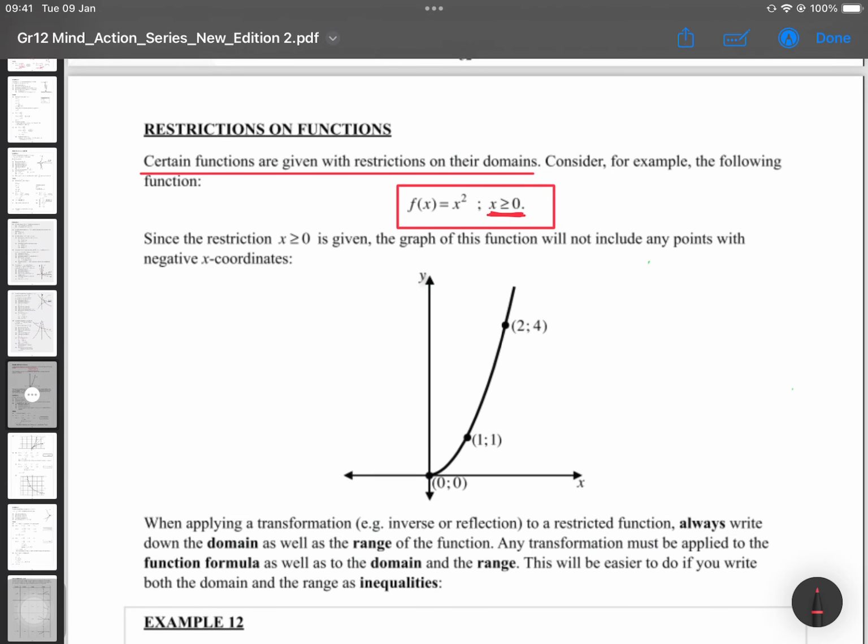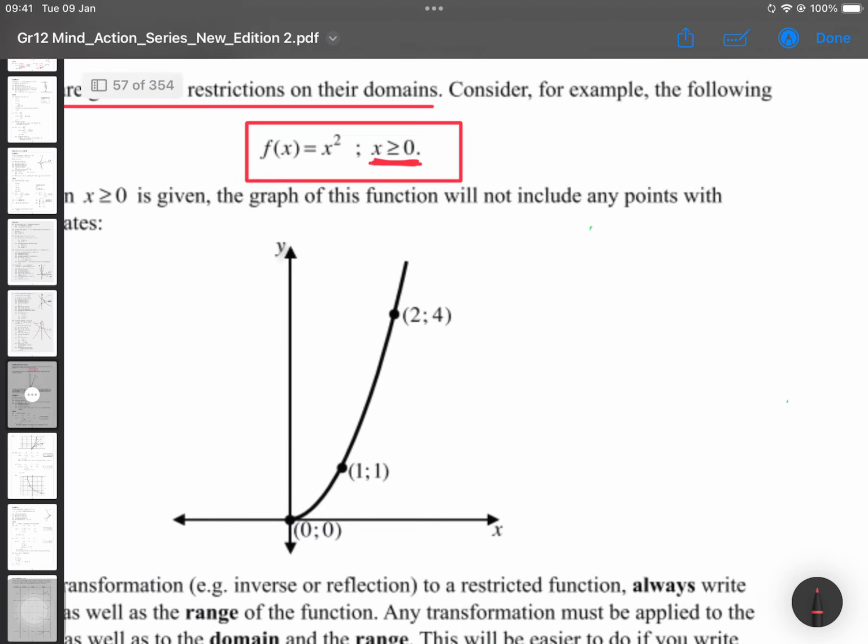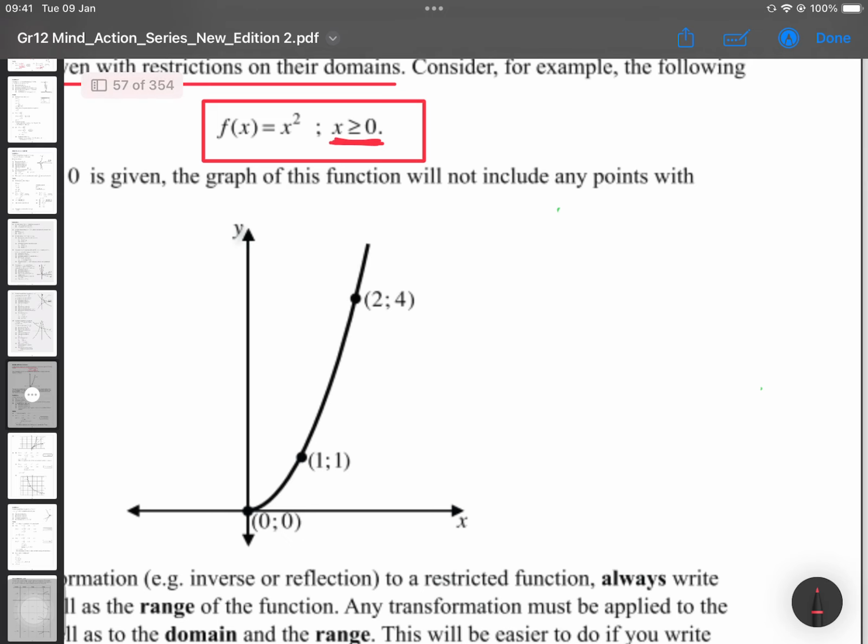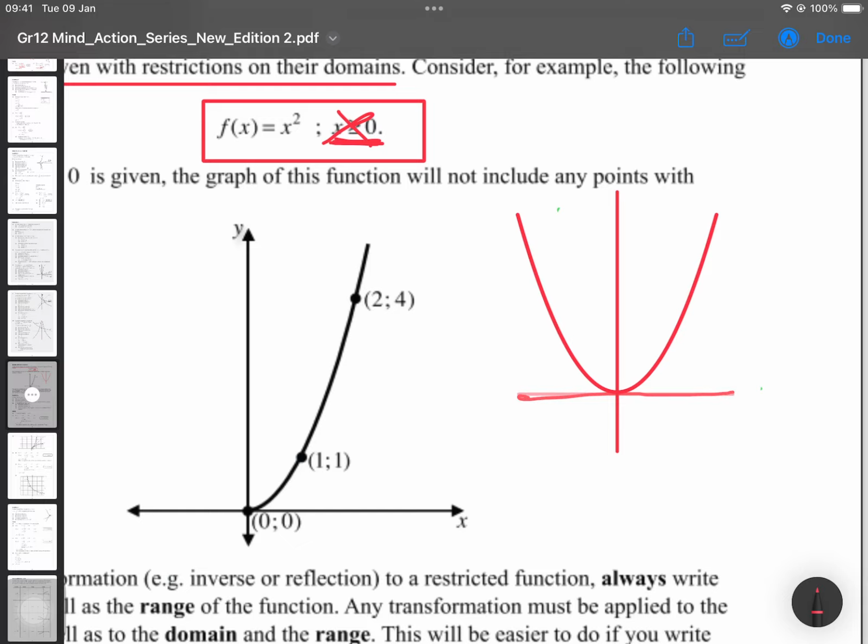They're telling you that x is bigger or equal to 0. Now, if you forget about this for now and draw f of x equal to x squared, you're going to get that the function looks something like this, where it turns at 0.